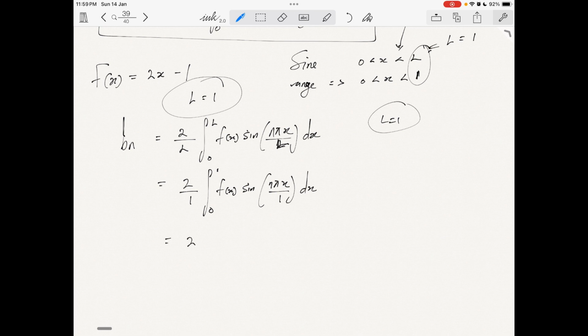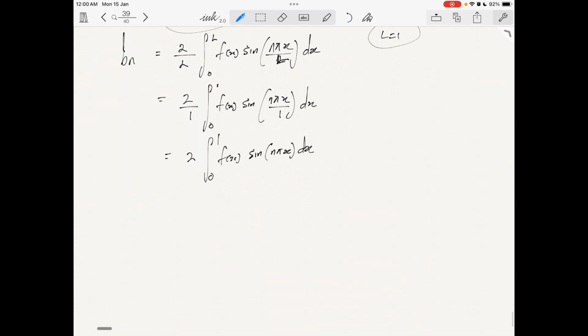So this will give us 2 integral from 0 to 1 of f of x sine n pi x dx, and we can further rewrite this as n pi x, or we leave it the way it was.